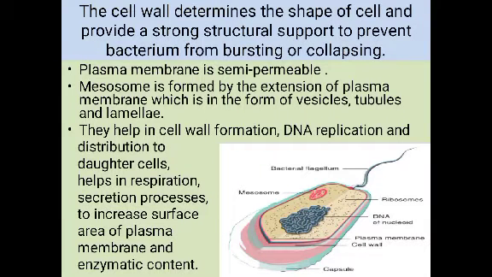Now when we see the cell wall, it determines the shape of the cell, and it provides a strong structural support to prevent the bacteria from bursting and collapsing. Okay, so the cell wall will determine the shape of the bacterial cell, and it provides a strong support to prevent the bacteria from bursting or collapsing. That is, if you keep a bacterial cell in a hypotonic solution. What is a hypotonic solution? A solution which has more water concentration.